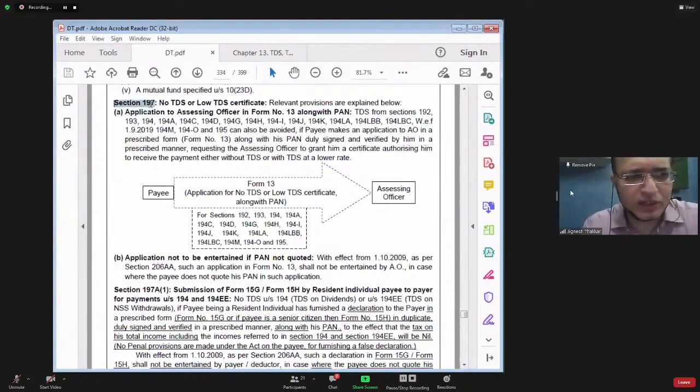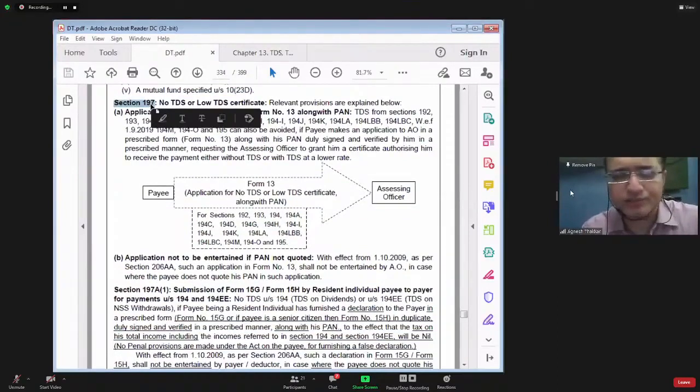Next is section 197. Now listen to me very carefully. Say for example, Sarvana is appointed as a faculty with Inside Commerce Studies.